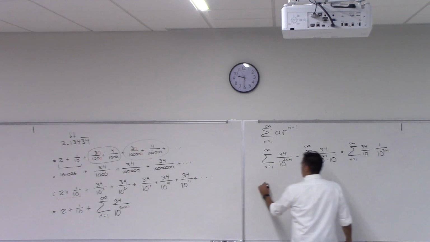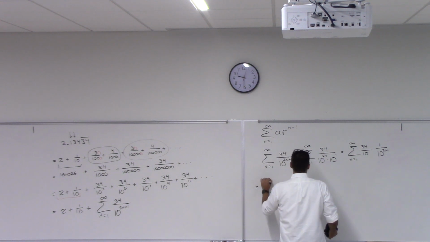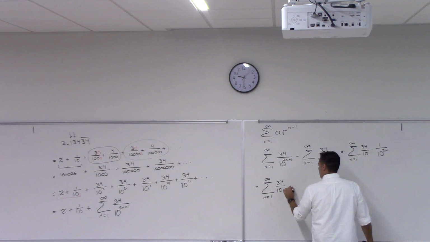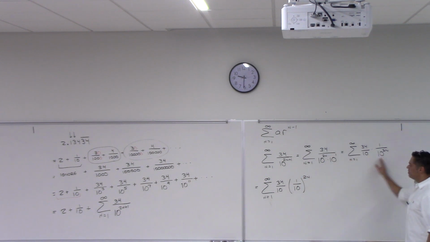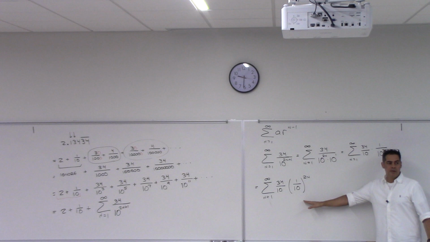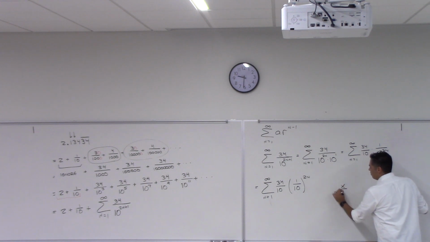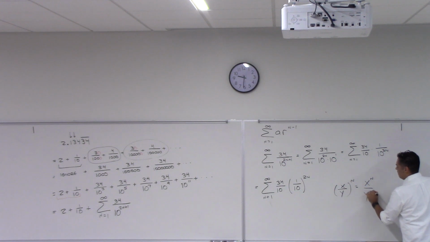The next thing I'm going to do, I'm not going to say this is tricky, but it's, I guess, not natural initially to think this way. Do you agree that this is true? Is that the same as this? Think so? Yeah, well, what happens when you have this back in college algebra, x over y to the n, that's the same as x to the n over y to the n, right?